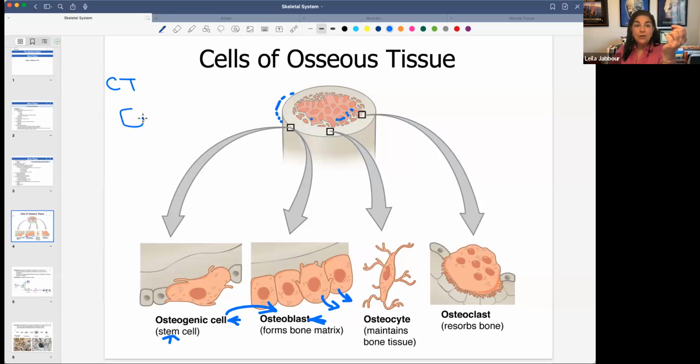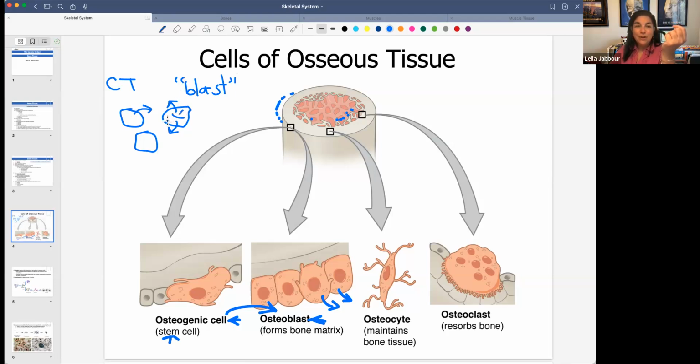We have cells separated by extracellular matrix, and this extracellular matrix is produced by the cells. I tell my students to remember osteoblasts like this: they have a blast making bone tissue.